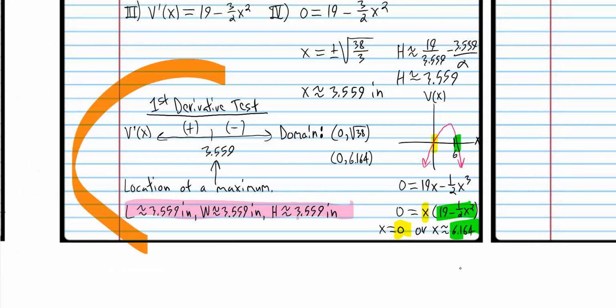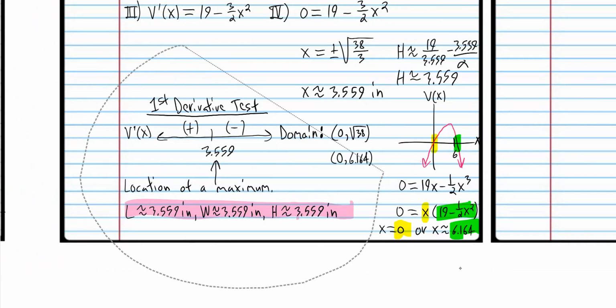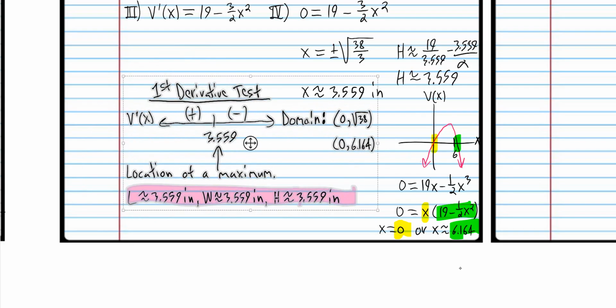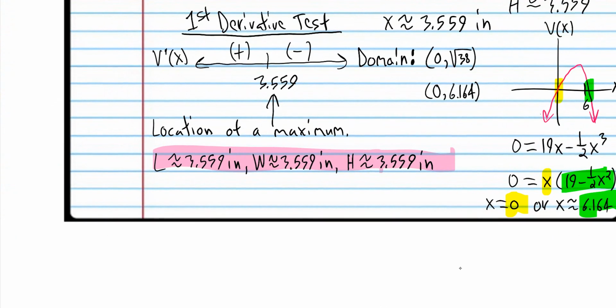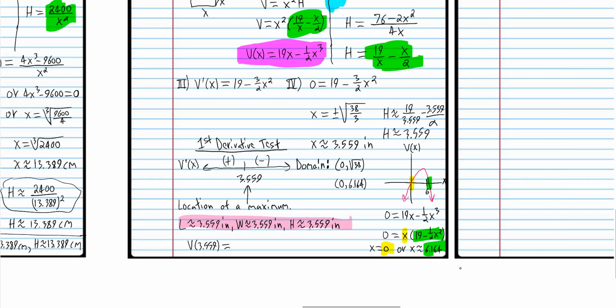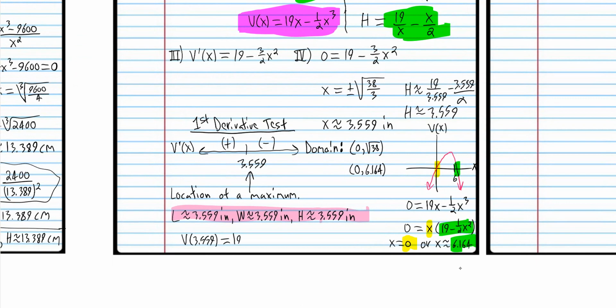All we have to do is plug in that number 3.559 into the purple formula up there. So 19 times 3.559 minus 1/2 times 3.559 cubed.